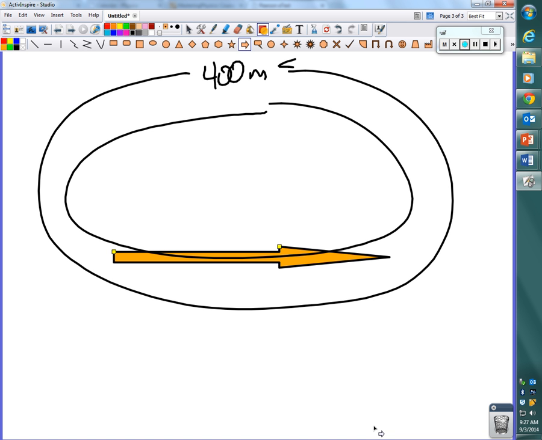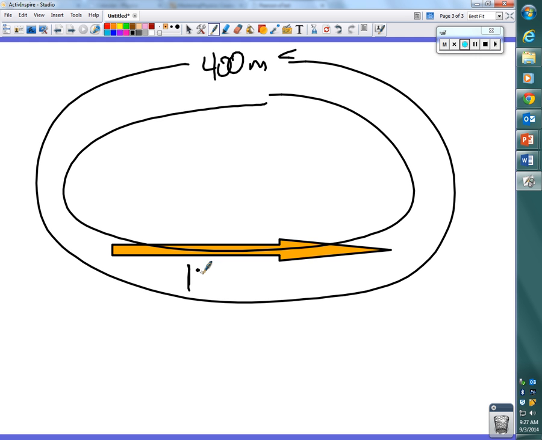So, a 100-meter race. We talked about the distance and the displacement are both 100 meters, 100 meters positive for the displacement. In a 200-meter race, we're going to start here, run like this, and end up here.